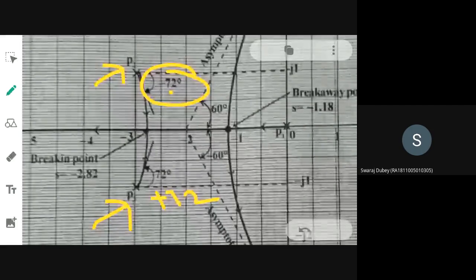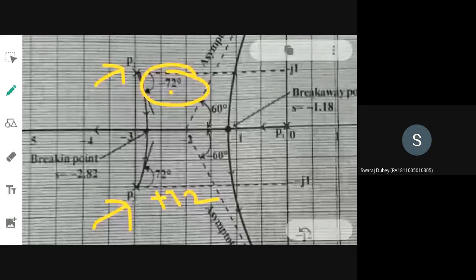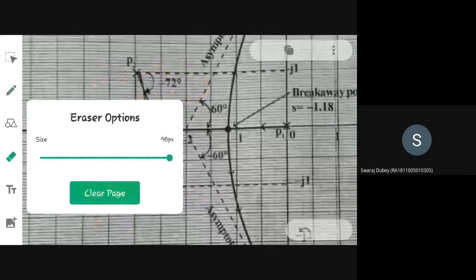Okay, then what is your next step? After finding out angle of departure, angle of arrival, the next thing is you need to find out the crossing point on the imaginary axis. You have found out the crossing point by equating the imaginary part to 0.